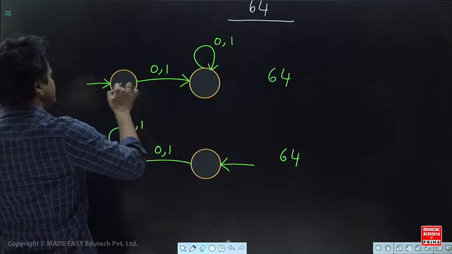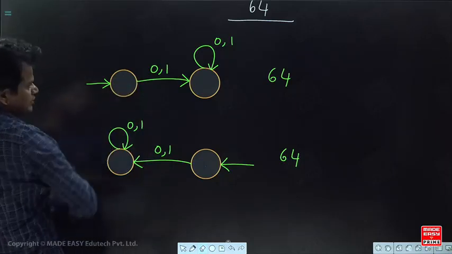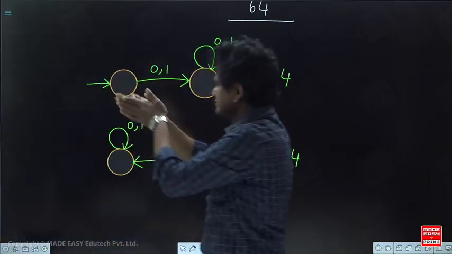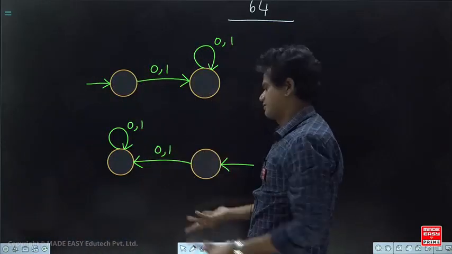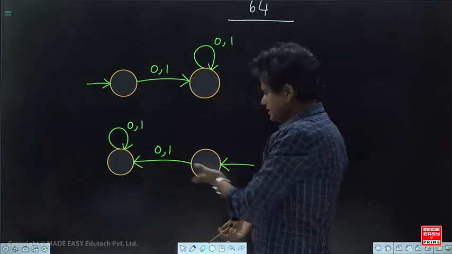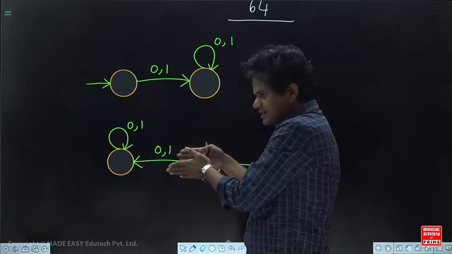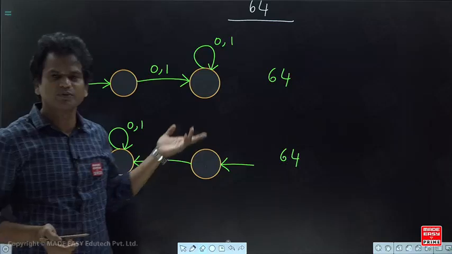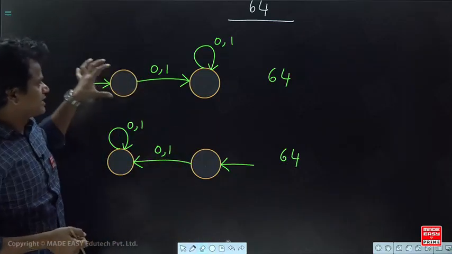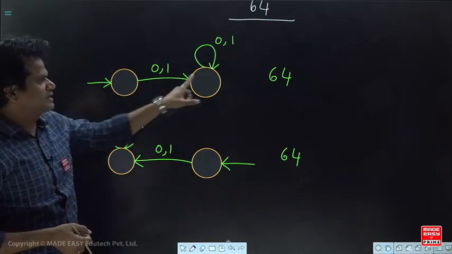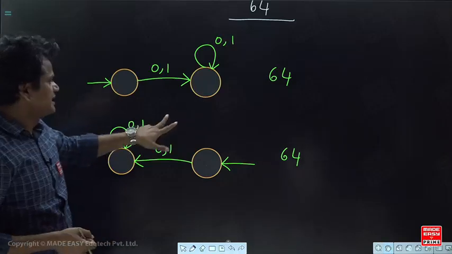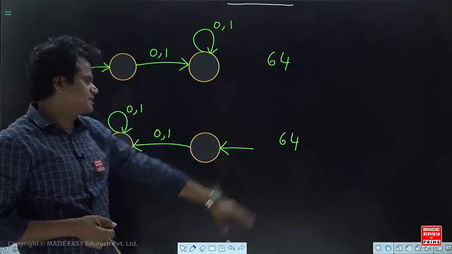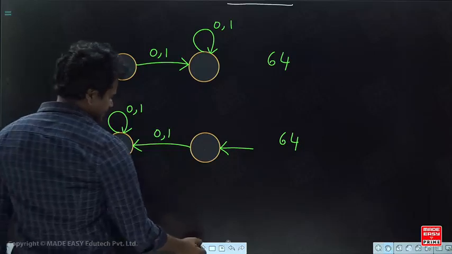Look at this, guys. This is the DFA. Just turn this. Both are the same. So when Q0 is initial, whatever the 64 DFAs we get, and when Q1 is initial, whatever the 64 we get, these 64 are identical.